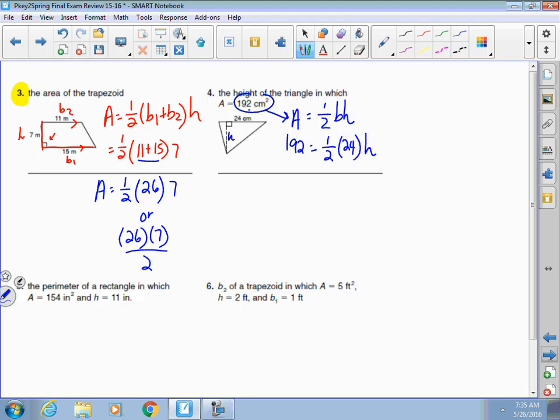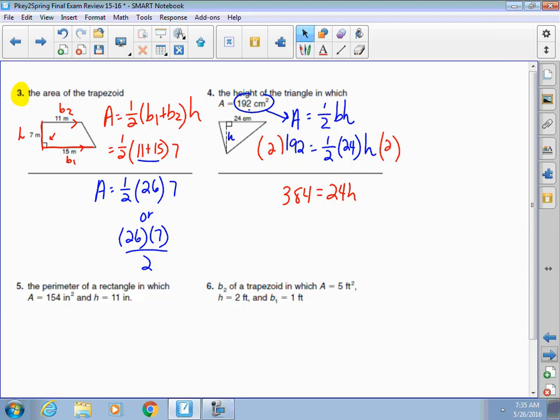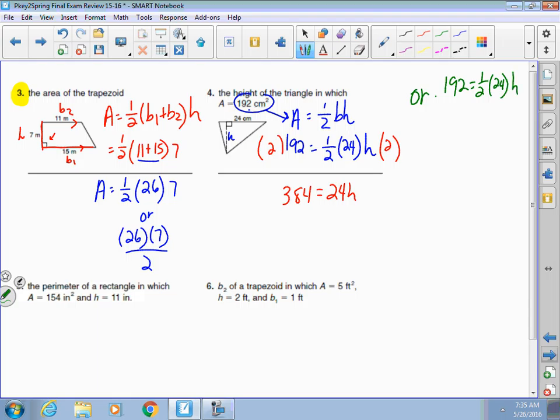So there's more than one way to solve this. I could say I want to get rid of the 1/2, so I'm going to multiply both sides by 2 first. Okay? And that would give me 384 equals 24H. Or, another way of solving this, because I have 192 equals 1/2 of 24H, I could go ahead and take half of 24.